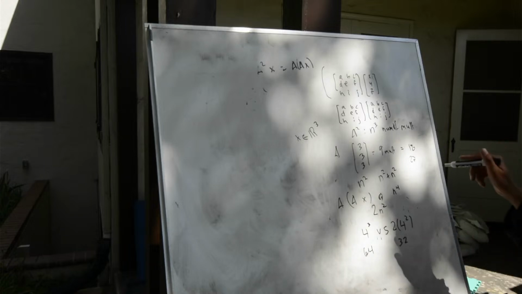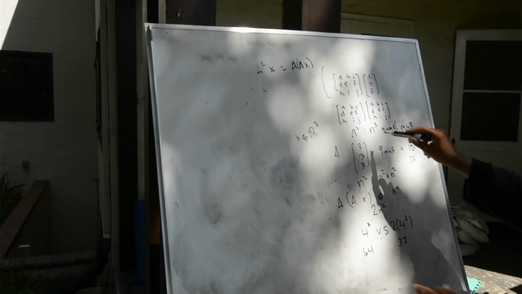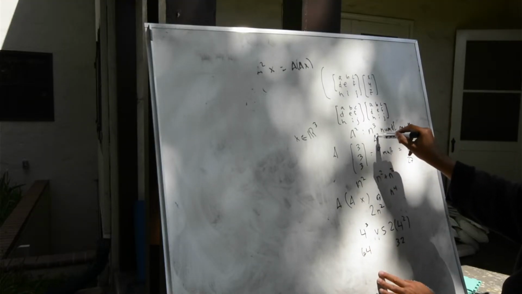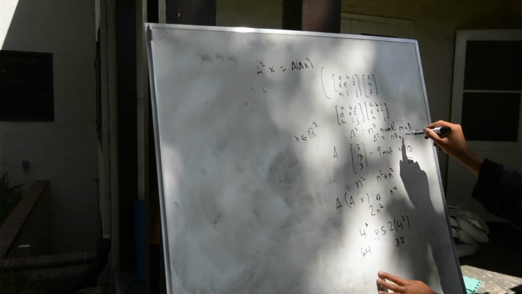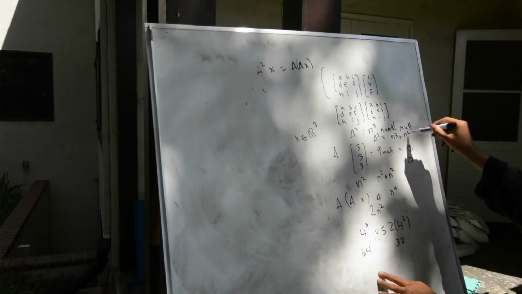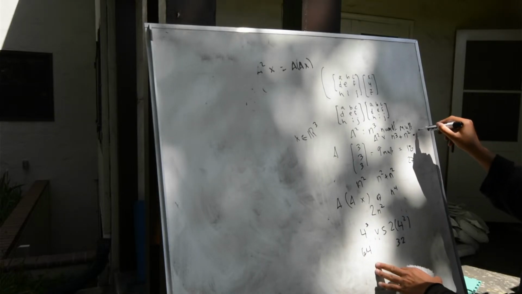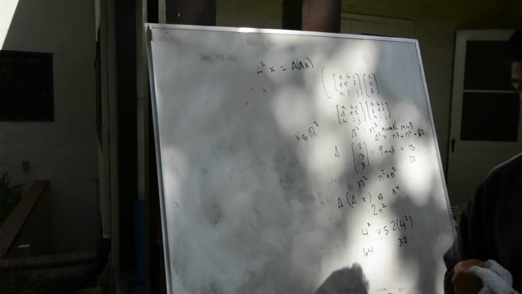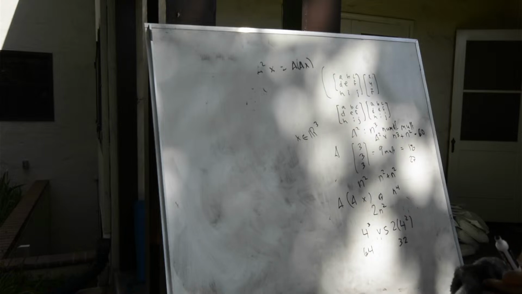Oh, but you know what? I got this wrong. n cubed is the number of multiplications just for A squared, but then you still need to compute A squared x. So you have n cubed plus n squared, which is equal to 80. Okay, yeah, so it's actually way worse to compute A squared before you multiply it by the vector. That's kind of weird, man.